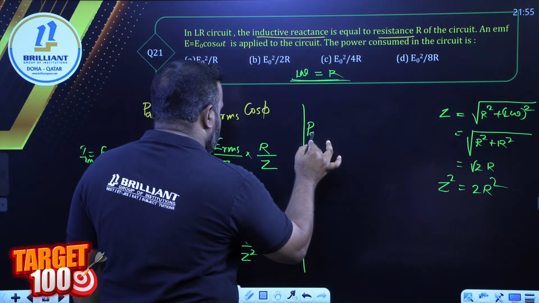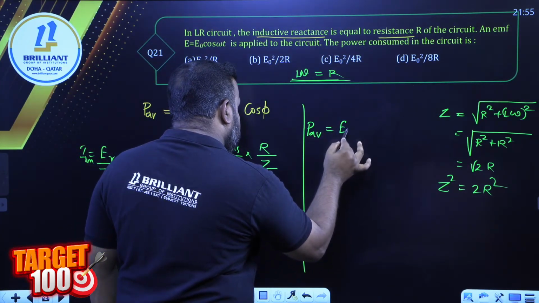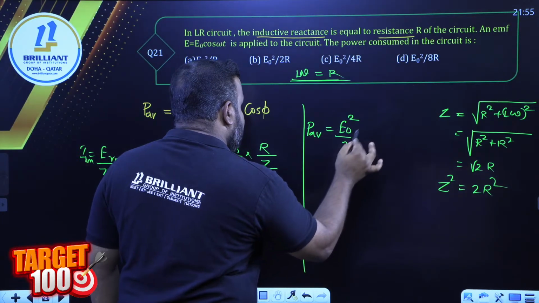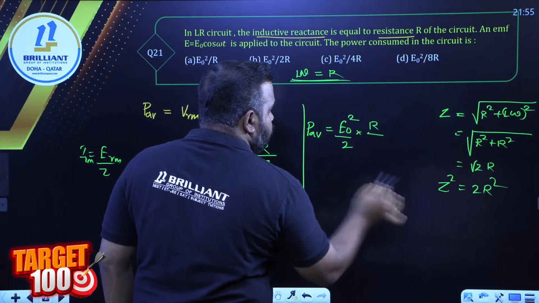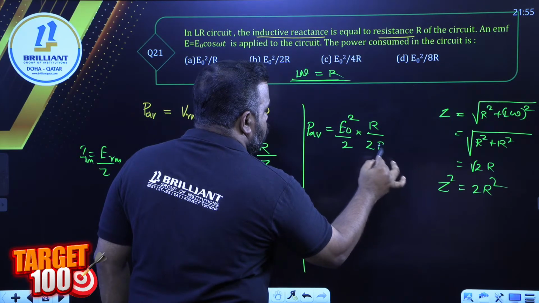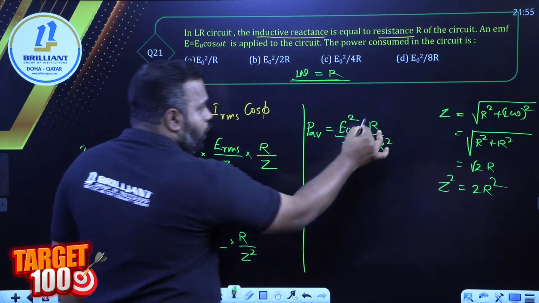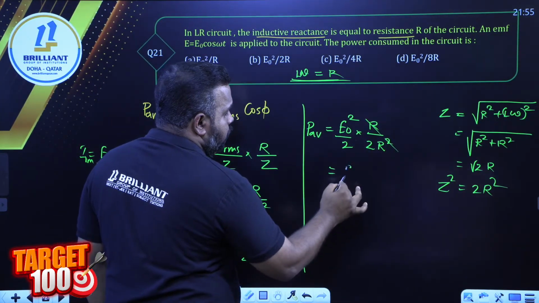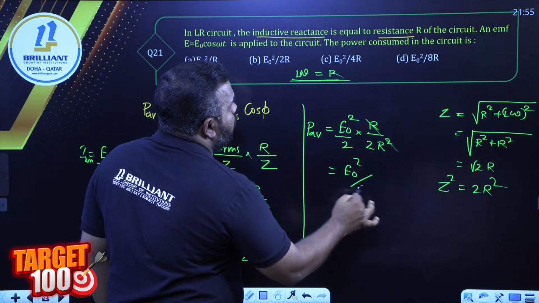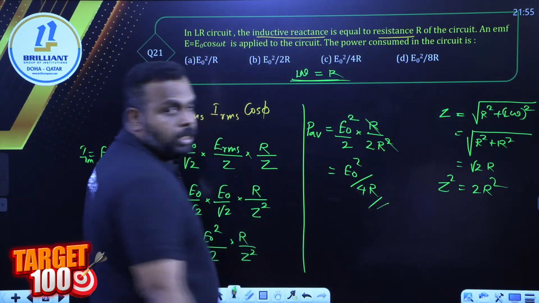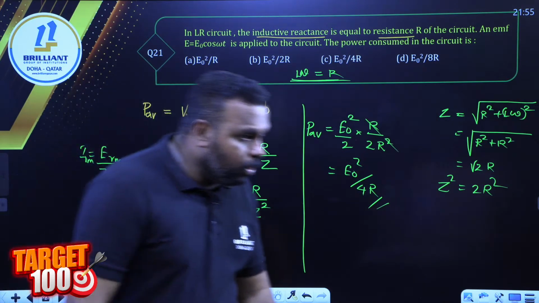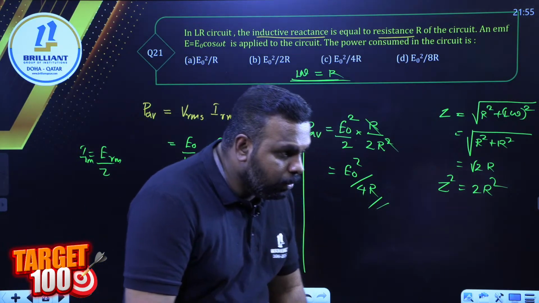Okay, now you can substitute. Therefore P average is equal to E naught square by 2 is already there, R is there, divided by 2R square. One R will be cancelled. Look at the result. It is E naught square by 4R. How many of you got it? Anybody?